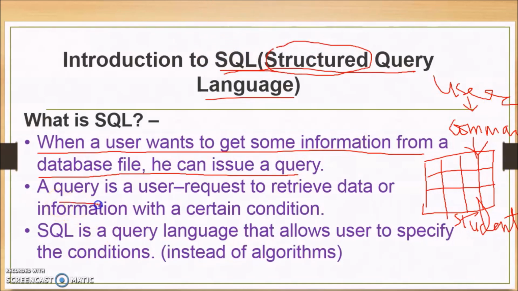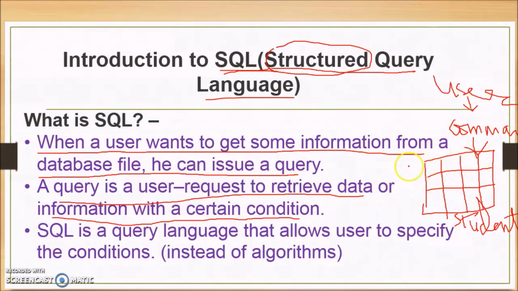Now a query is a user request to retrieve data or information with a certain condition. Now this is telling me what is a query. Query क्या है? It is a user request. If I want to access anything from this database file, so user क्या करता है? Command देता है, query देता है, वो क्या है? User की request है, because the user is requesting to retrieve the data or information with a certain condition.